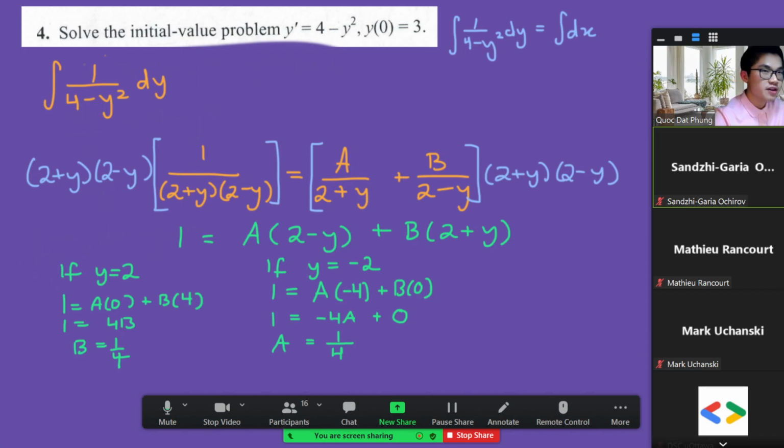Oh, actually, this right here should be a 4. That's a 4. And because of that, down here it's a 4 too. This is 4a. So it turns out that both a and b are the same. It's 1 over 4. So are we good? I'm gonna erase this.